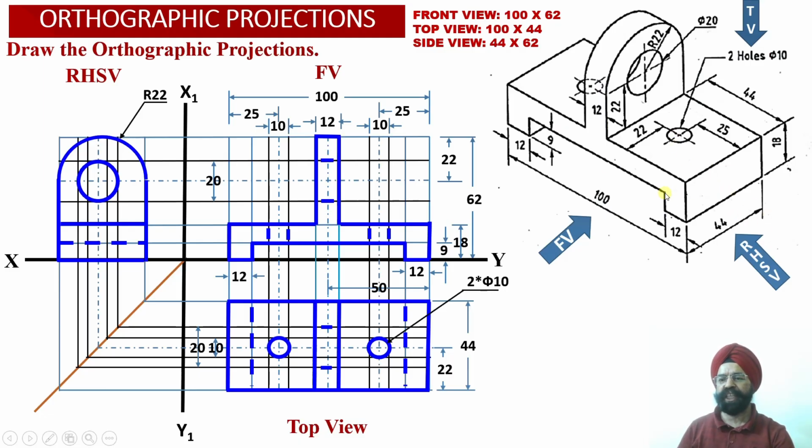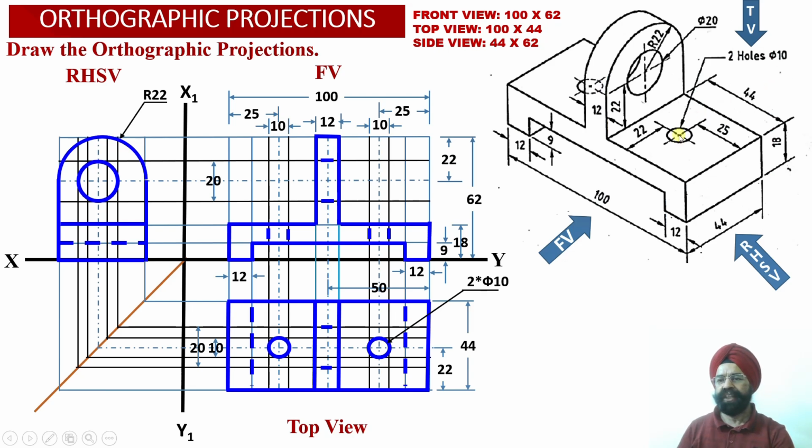So this surface will be projected as an edge view projection as a dotted line projection into the right hand side view projection. So we are going to obtain a dotted line or a hidden line projection corresponding to this surface into the right hand side view projections.